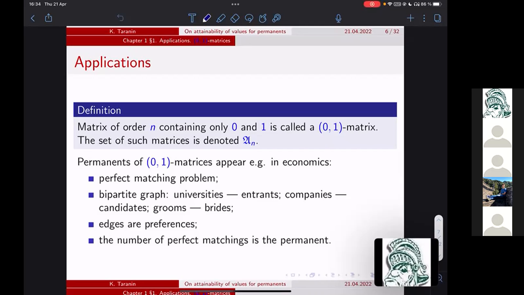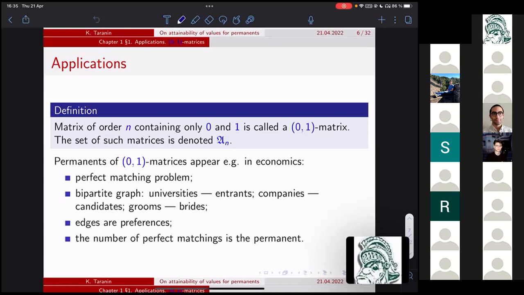So basically, we can omit those blocks of zeros and consider the main part of the matrix, which corresponds to drawing just m vertices horizontally and n vertically, and putting unities on the entries which correspond to the preferences.